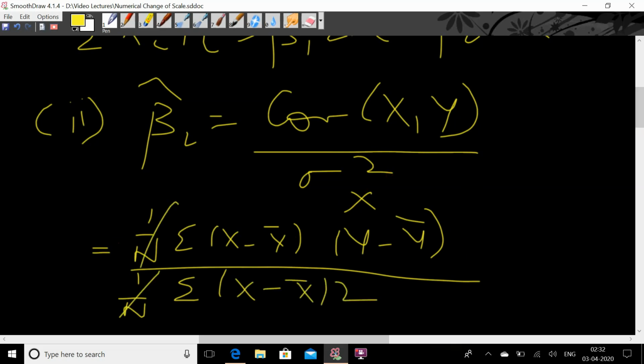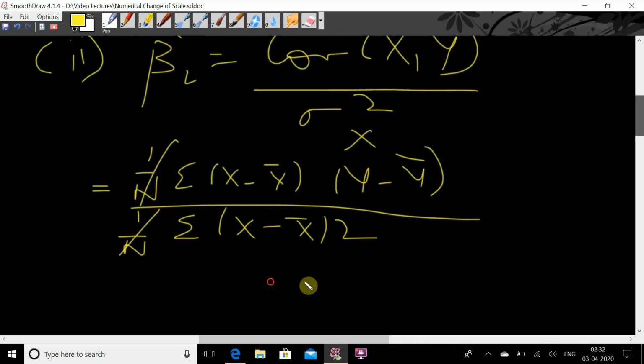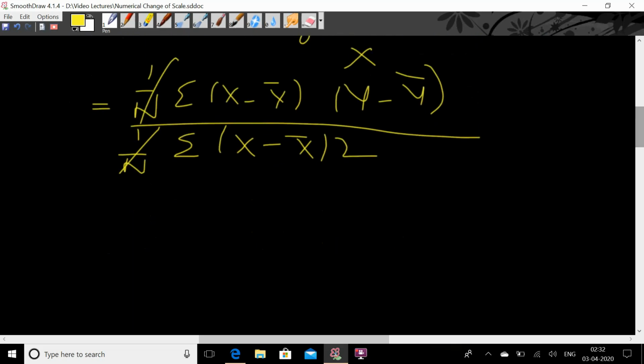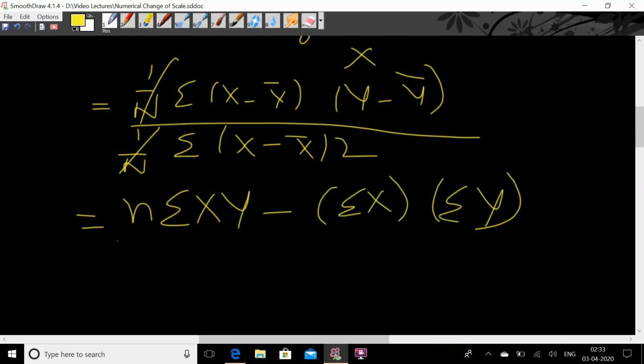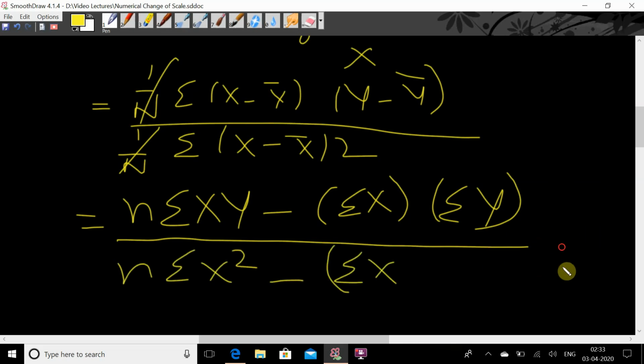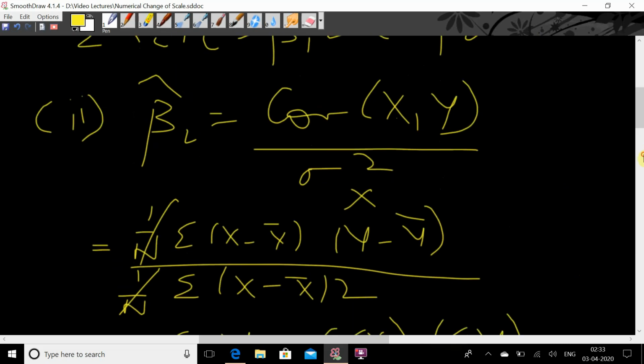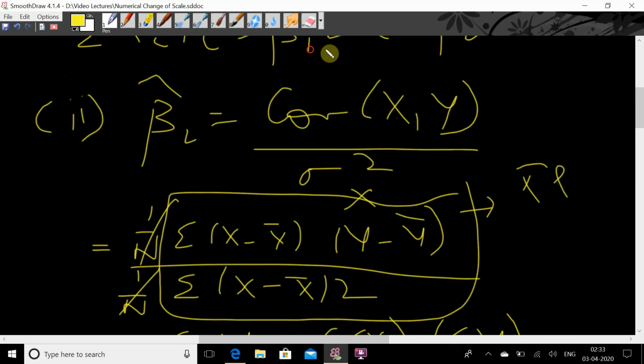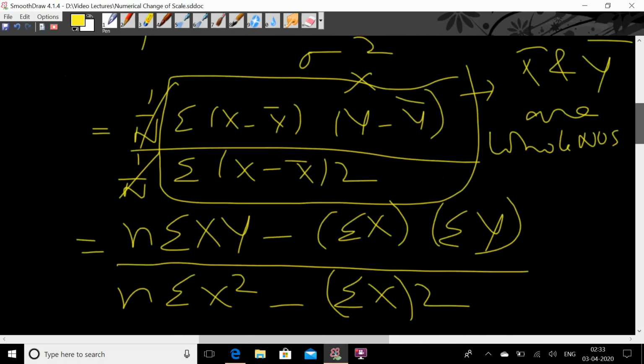If you further simplify, this is also equal to n summation xy minus summation x summation y upon n summation x square minus summation x whole square. This formula can be conveniently used when both x bar and y bar are whole numbers. Is this clear?